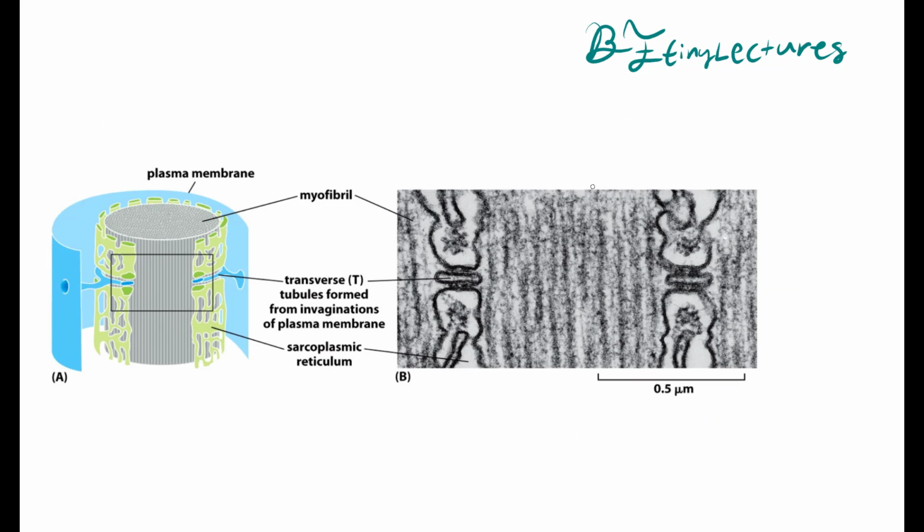Within muscle cells, we have the sarcoplasmic reticulum, which is highlighted right here. It's kind of like this inner cell right here. Now the sarcoplasmic reticulum has calcium ions. And remember from other biology courses, calcium is needed for all muscle types.